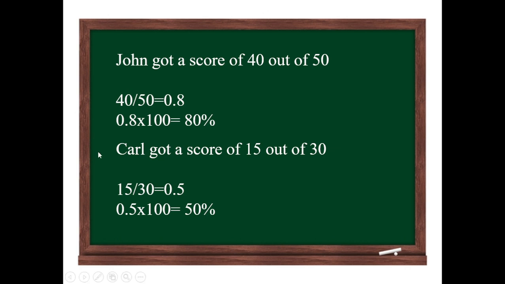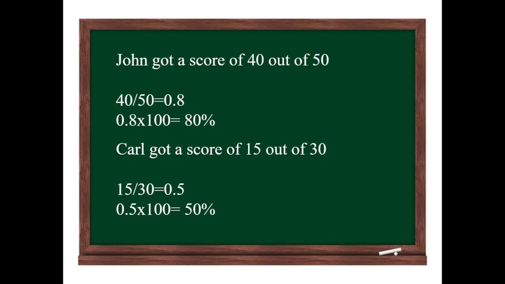So 0.8 times 100 is equal to 80%. That is how easy it is to compute raw and percentage scores.